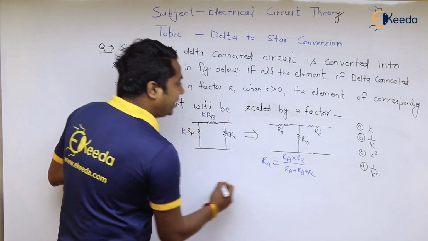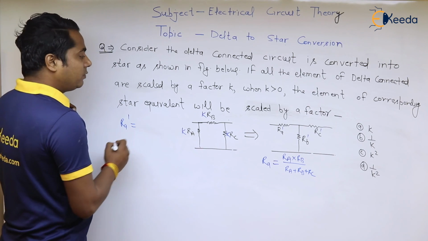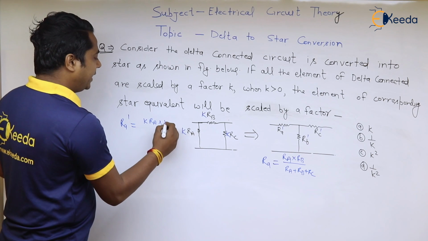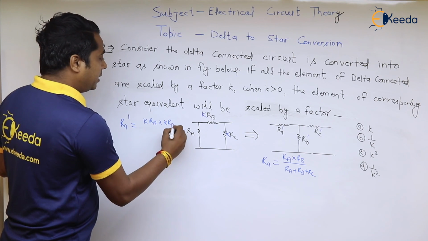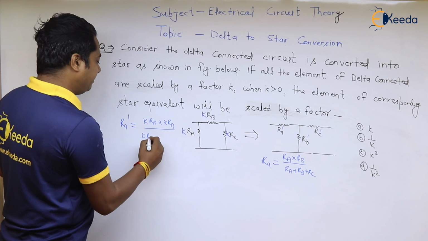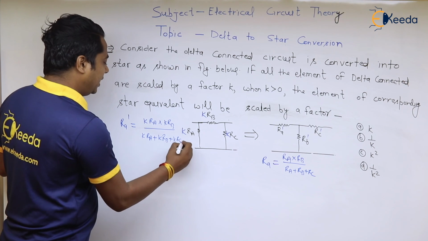So, we are putting the value of RA dash. RA dash will be equal to k times RA into k times RB upon k times RA plus k times RB plus k times RC.